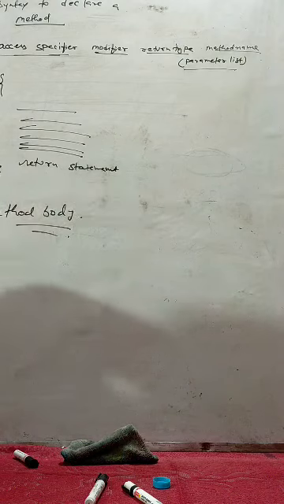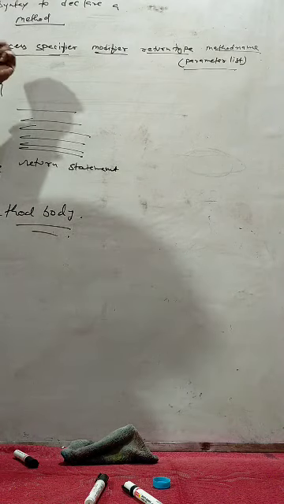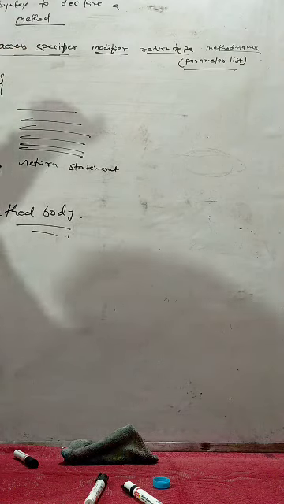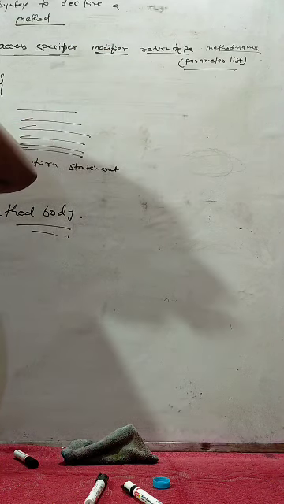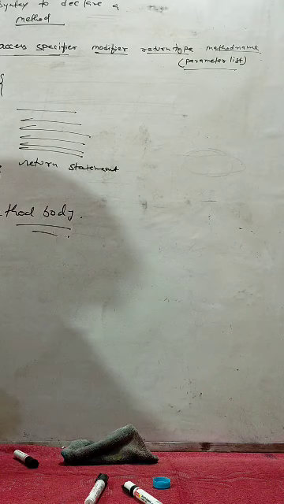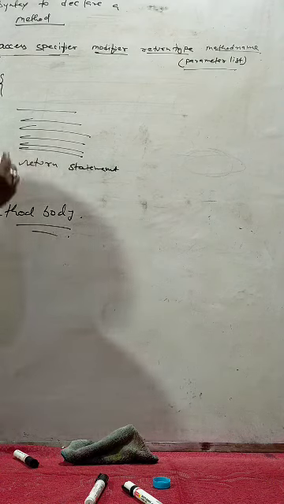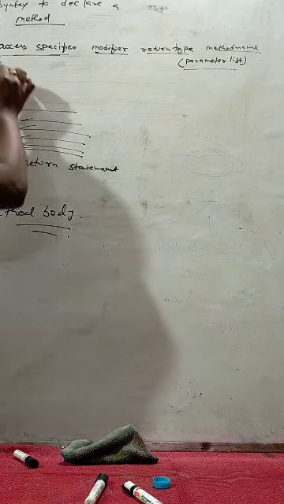Okay students, copy it. One by one we have to understand what is access specifier, what is modifier, what is return type, what is method name and parameter list. So I will explain the things. Let's start with the access specifier.